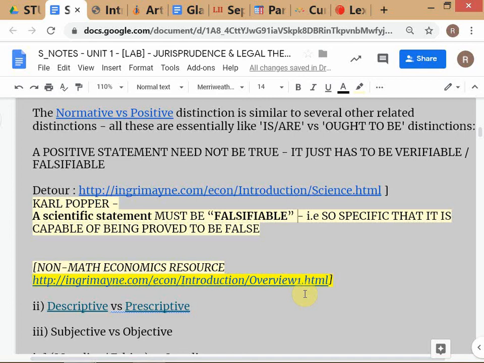You can just line him up against the wall and measure. In fact, this statement is false because he is more than 6 feet tall. But the point is that the statement is very specific. I am not saying he is not tall enough. If I said tall enough, then you can't falsify it, because I'll say if you're not as tall as LeBron James, you're not tall enough, and then you can't prove that it is false.